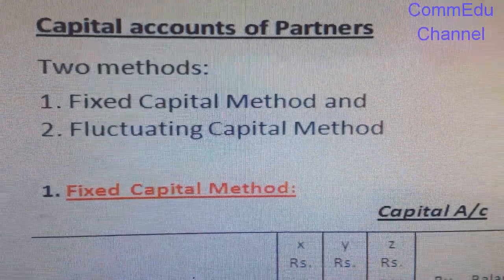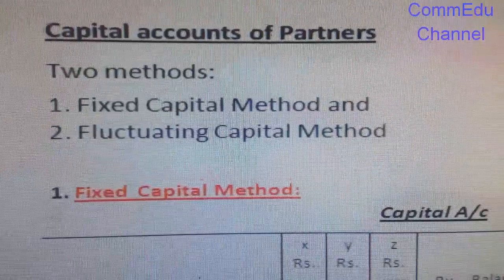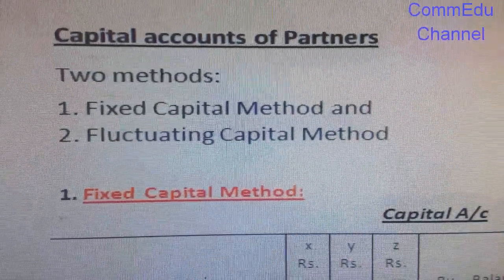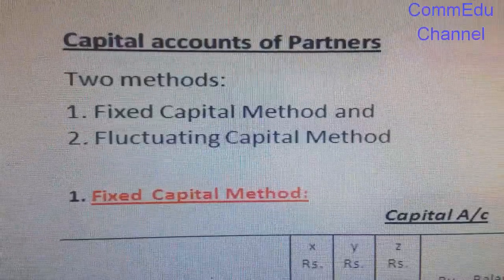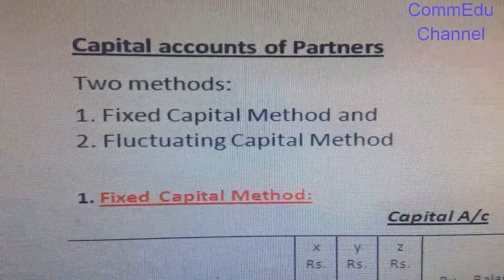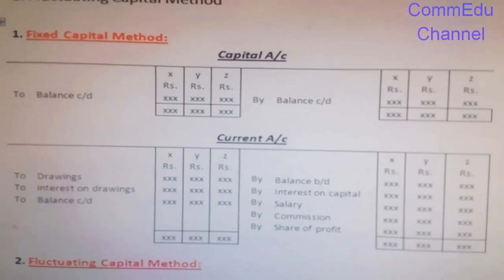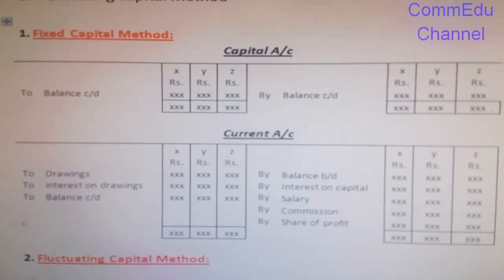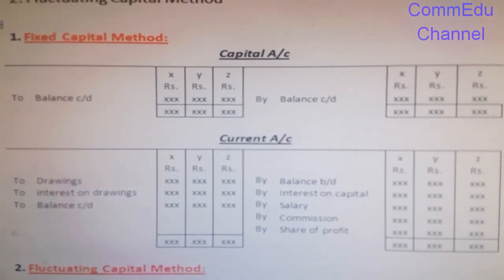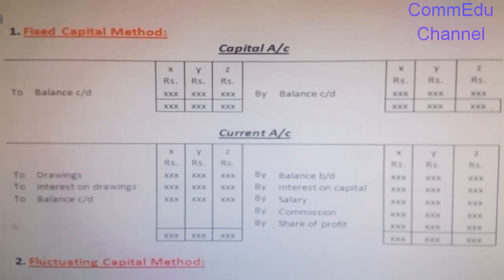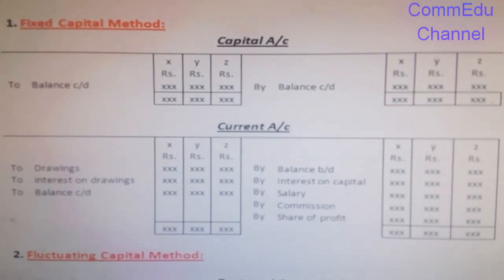The capital accounts of partnership firm may be prepared under two methods, fixed capital method and fluctuating capital method. Under fixed capital method, there are two accounts for each partner. The first one is partner's capital account and the second one is partner's current account.